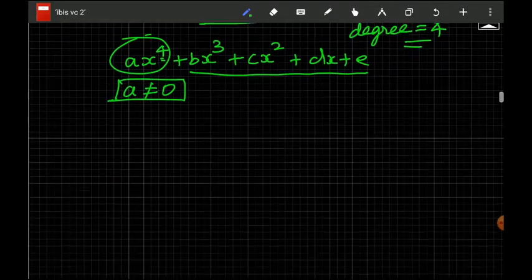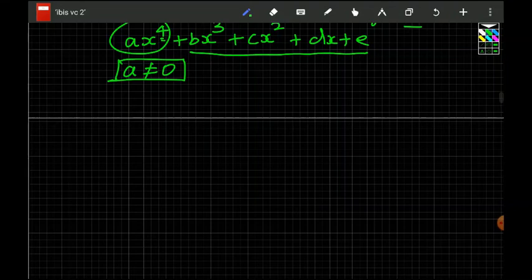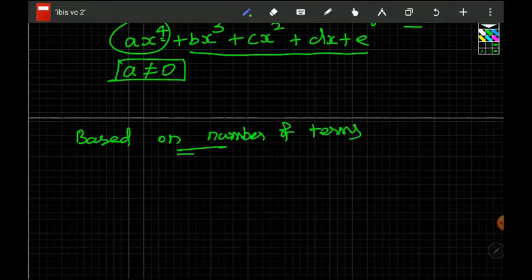Now we can also classify polynomials into 3 different types using the number of terms in the polynomial. Based on the number of terms, we can also name them.